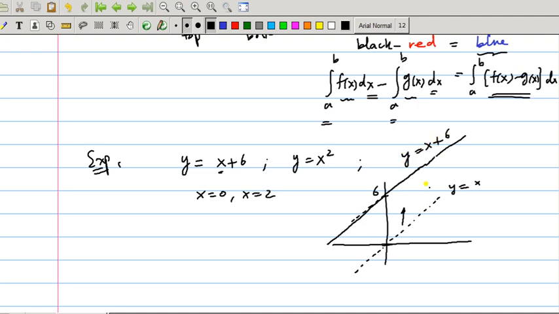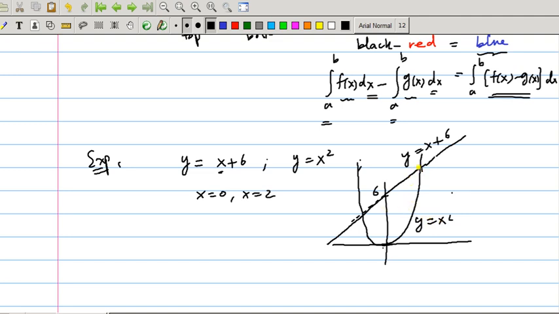Now we all know that the x square curve is this one. This is y is equal to x square, right? Now automatically you can see here that at x is equal to 2, this is 4 and that is 8. So somewhere here at x is equal to 2, y is 4 and that is 8.